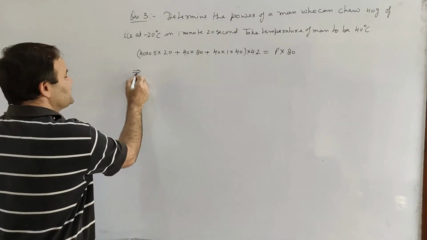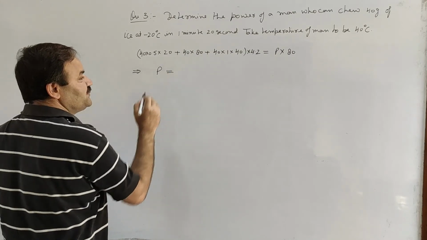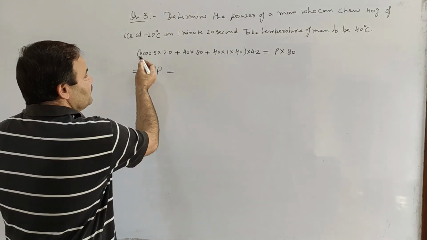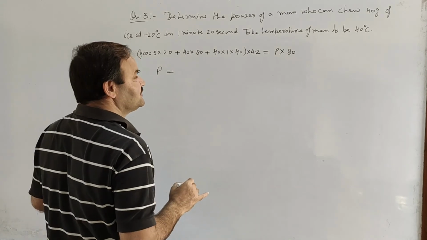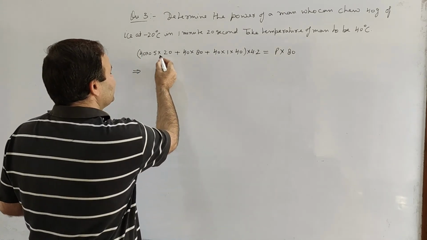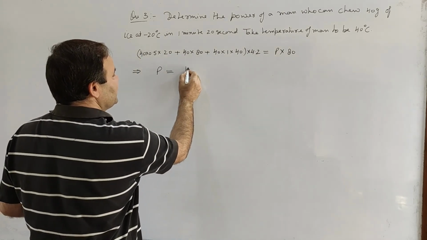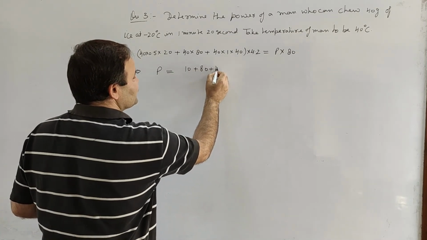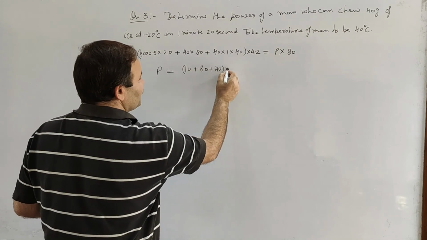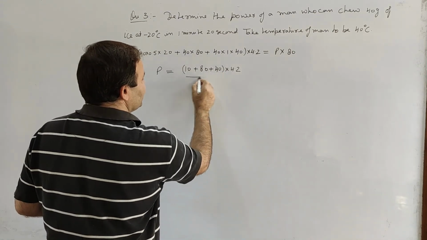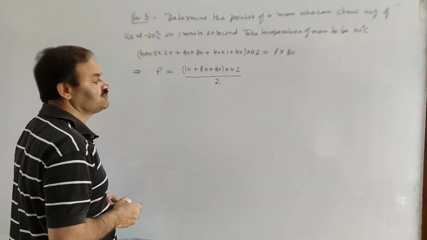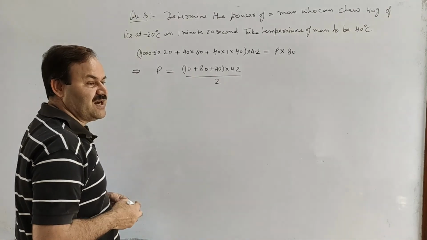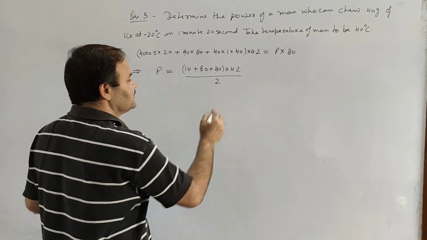So this implies power of the person P is equal to, 40 can be taken as common, so it will be 20 into 0.5, which is 10, plus 80 plus 40, into 4.2 divided by 2, both sides divided by 40.